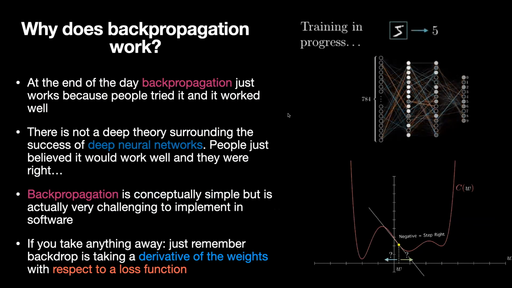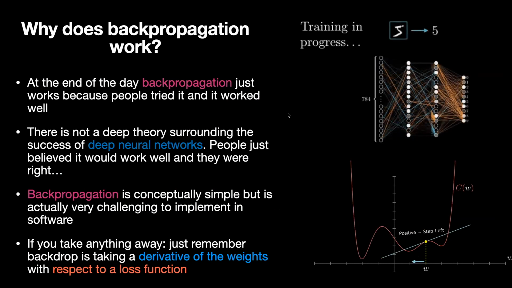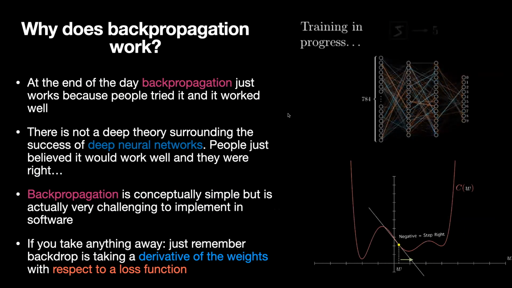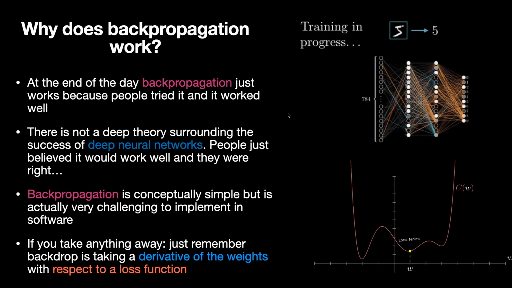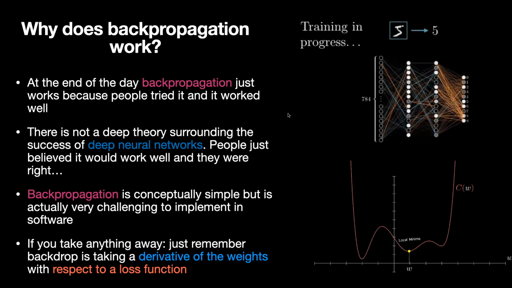Yeah, so at the end of the day, backpropagation is an algorithm that works just because people tried it and it worked well. There's not like this deep theory surrounding the success of deep neural networks with backpropagation. People just kind of believed it would work well, and they were right, you know? I don't know if you've studied support vector machines or classical statistical models, but we know for a fact that those are the best models in a lot of circumstances.